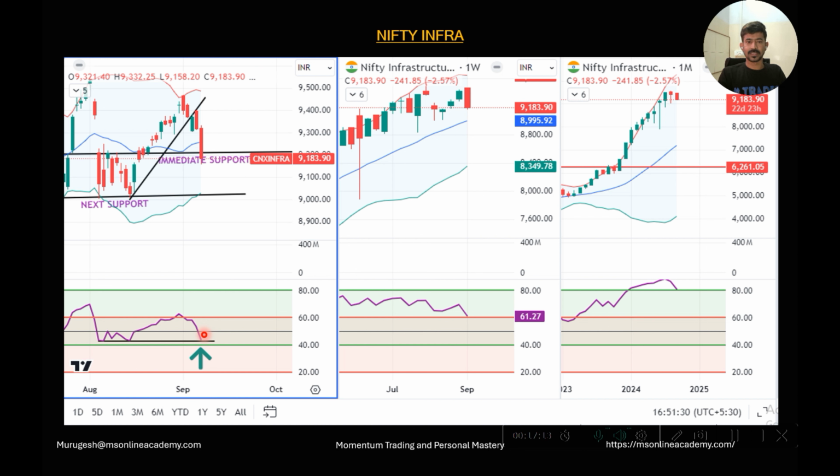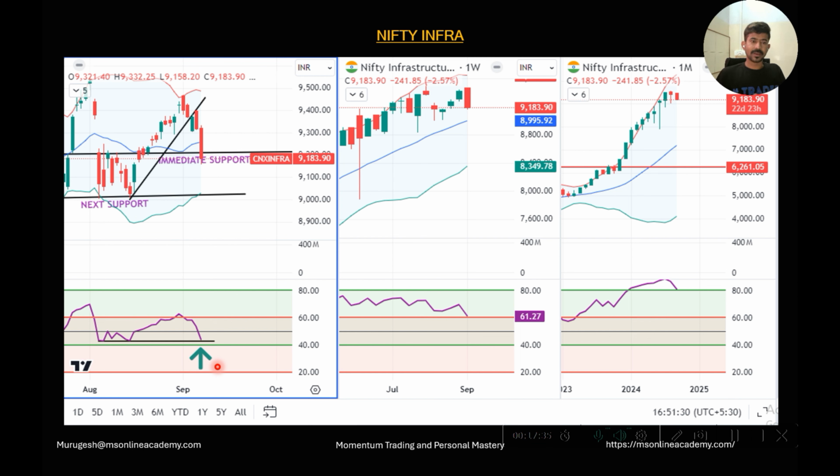Yes, Nifty Infra. Look at this. It is at 60 in weekly, and above 60 in monthly. That means it is super bullish in the monthly time frame. Weekly, it is taking support at 60. Daily at 40, that means DWM.